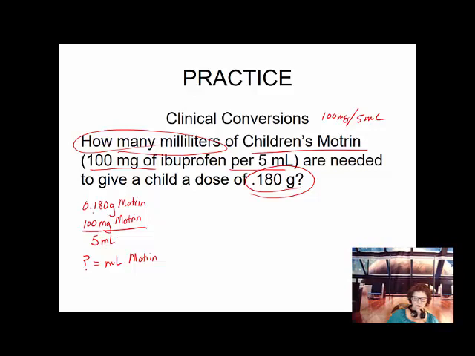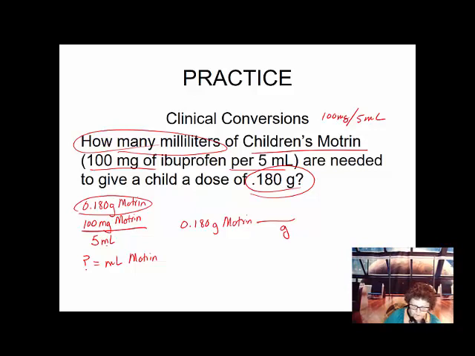So what we can start with is our 0.180 grams of Motrin. I know I got to get rid of grams of Motrin, right? Do I have anything over here that's got grams? No, I've got milligrams. What does that tell me?